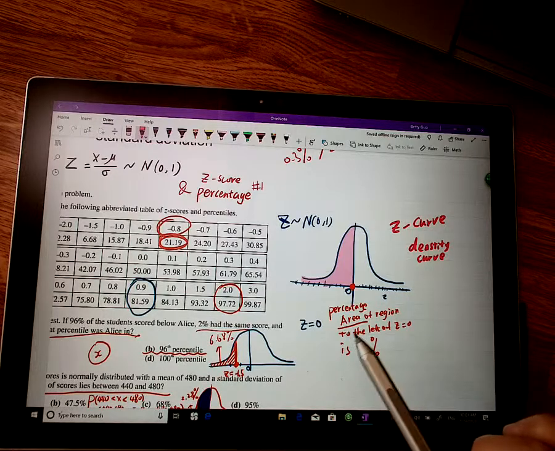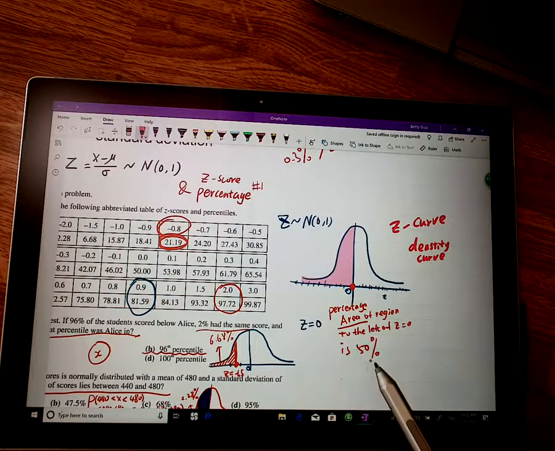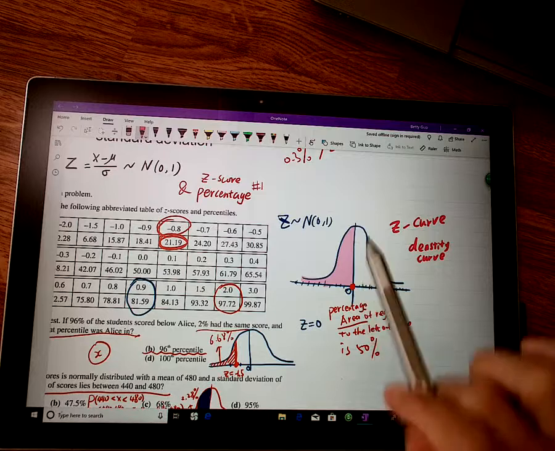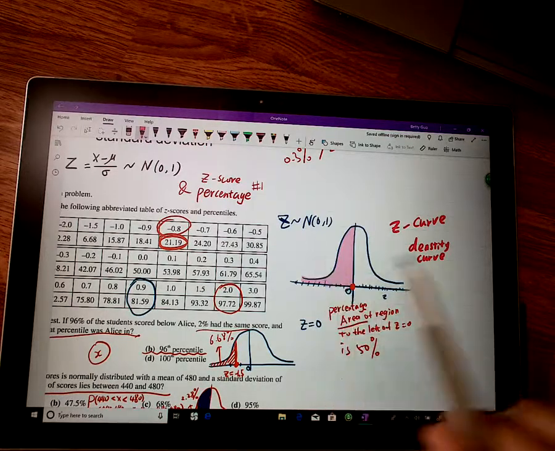As I wrote here, the area of the region to the left of the origin is 50%. The origin happened to be the center of the standard normal distribution.